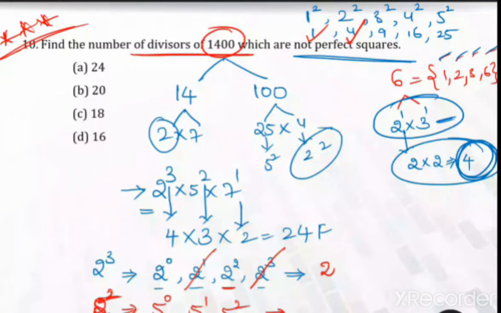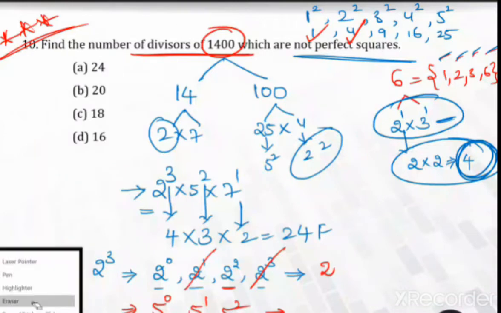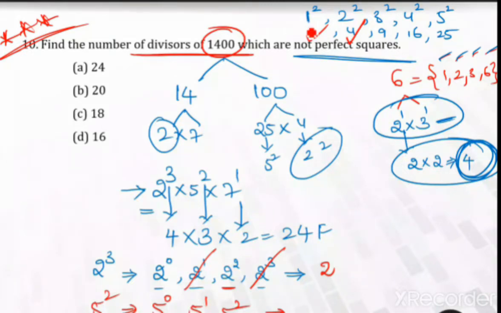Can anyone? 1. 1 is a square of, means what is 1 square? 1 square will give the result as 1. Means this is a square of that number. Now 5 is a square? No. Now what about 5 square? 25. Yes, this is the square. How many numbers are we getting? 2 numbers we are getting.